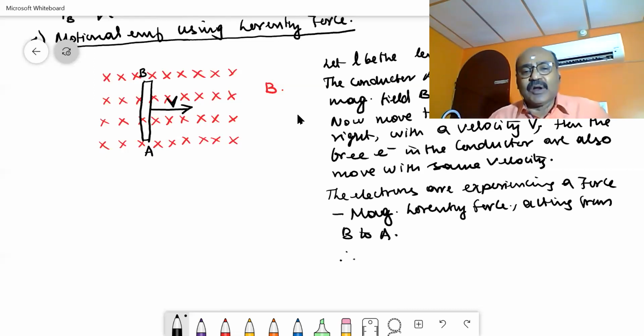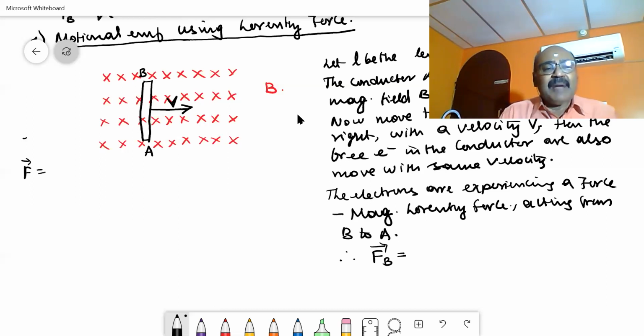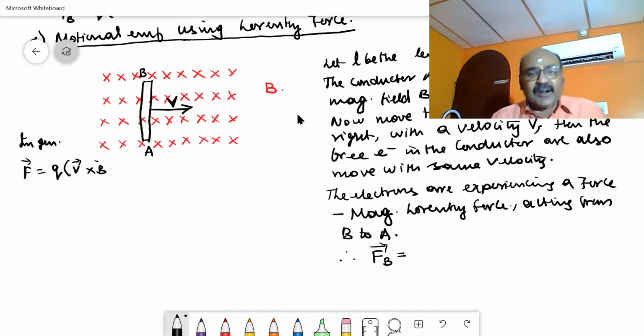The magnetic Lorentz force, we write it as F_B vector. In general, the magnetic Lorentz force F vector is equal to Q into V vector cross B vector. For the electron, the charge is minus e.